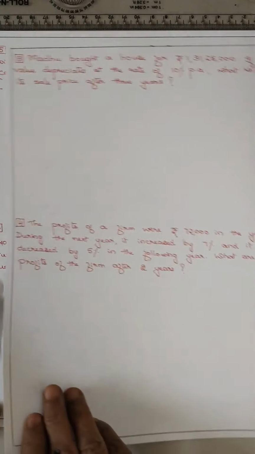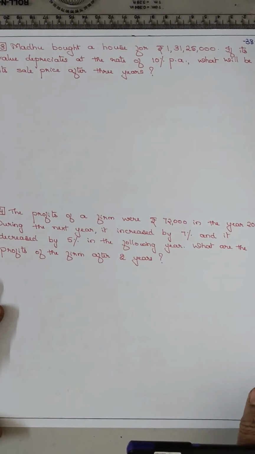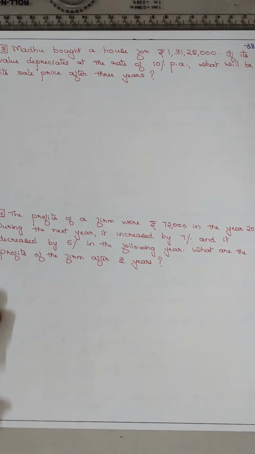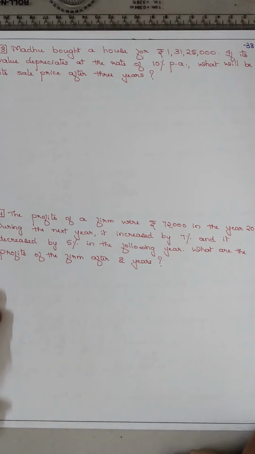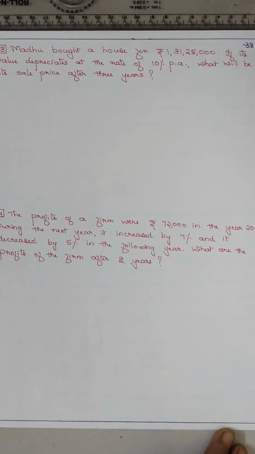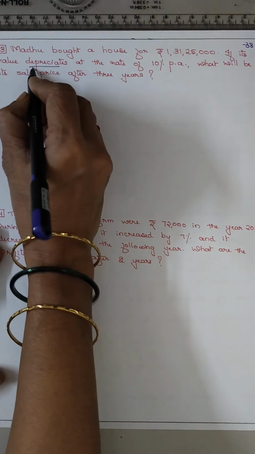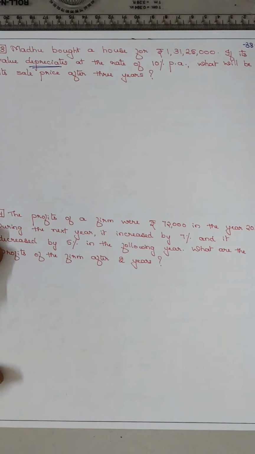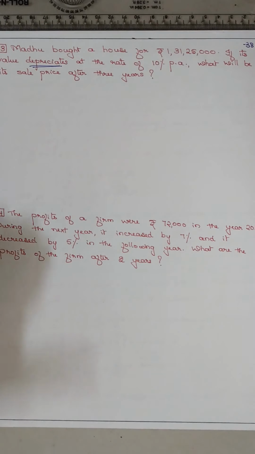Now coming to question number 3. Madhu bought a house for 1 crore 31 lakh 25,000. If its value depreciates, मतलब कम हो गया, at the rate of 10% per annum, what will be the sale price after 3 years?